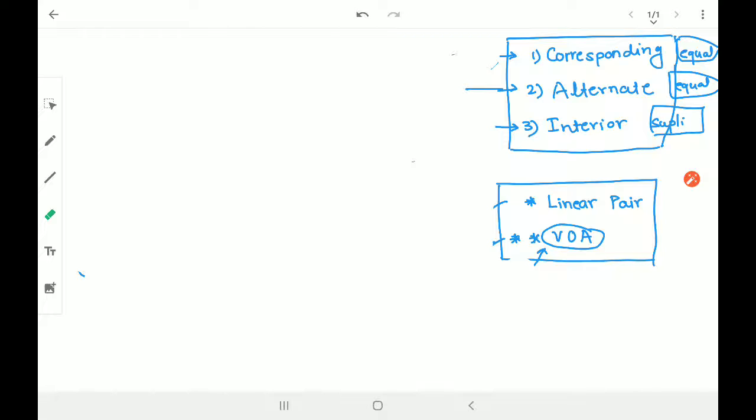If you say corresponding angles are equal without the lines being parallel, it is not a correct approach. So keep in mind that when you use this property, whether corresponding angles are equal, alternate angles are equal, or interior angles are supplementary, make sure that it is a parallel line. If it is not, then you cannot use the property. Keep in mind. Let's go ahead to the next one. Let's see the next diagram.